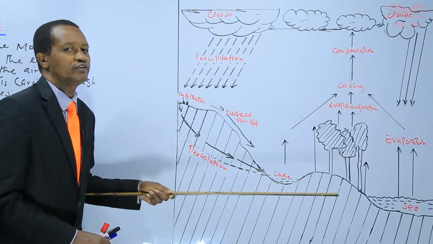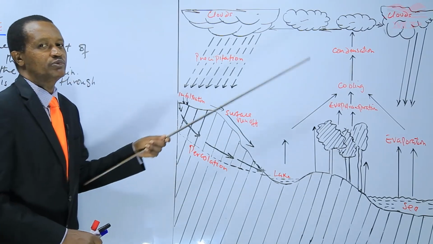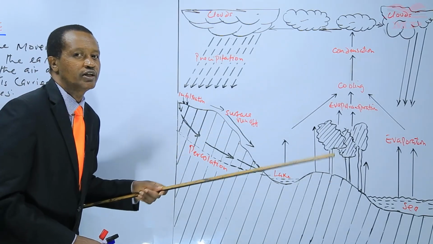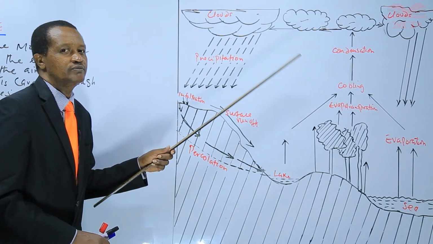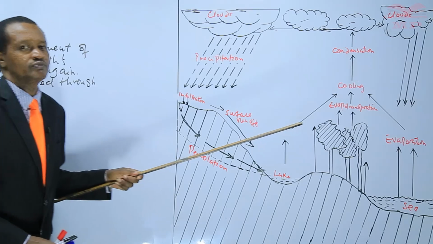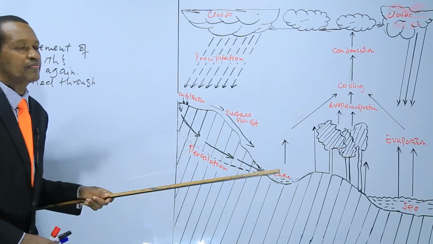Some water vapor is also added to the atmosphere from the soil through the process of transpiration. This is transpiration of plants.